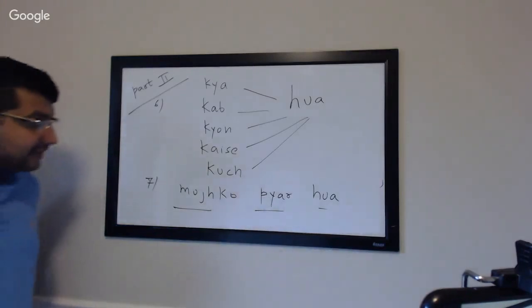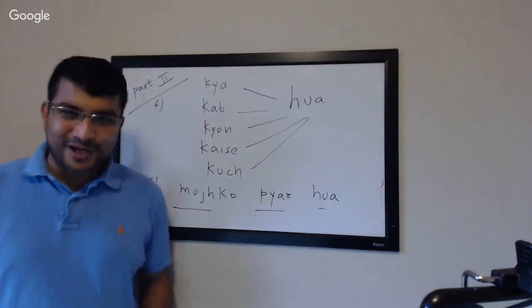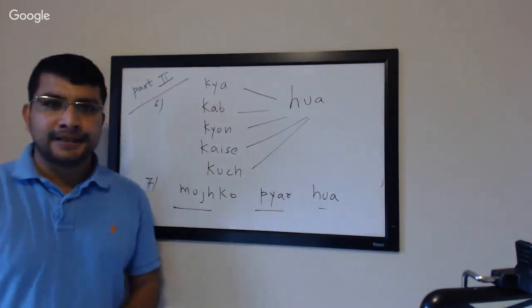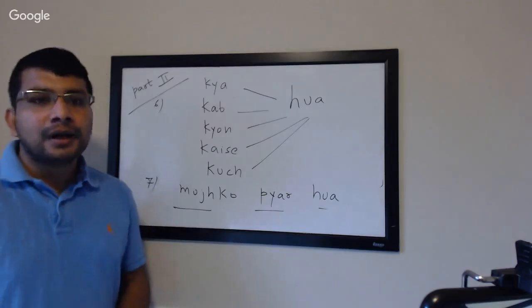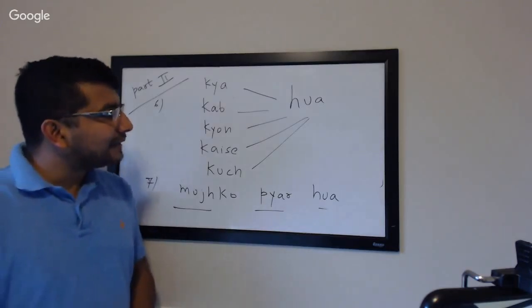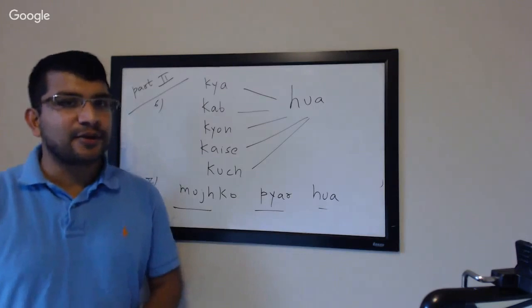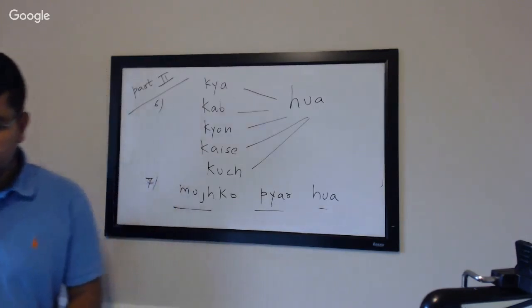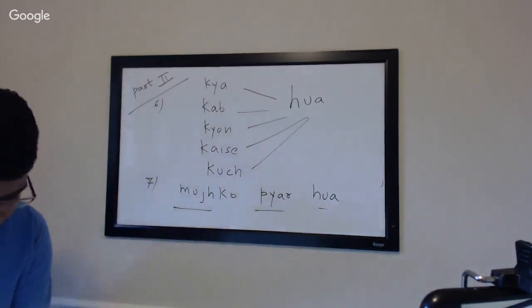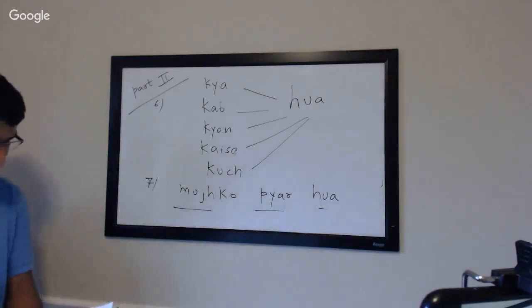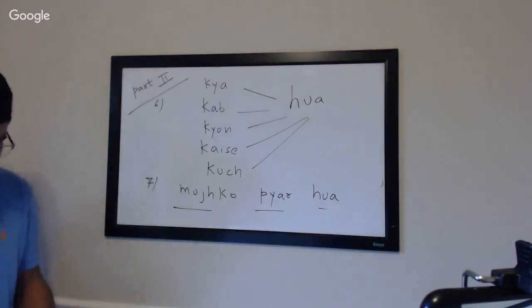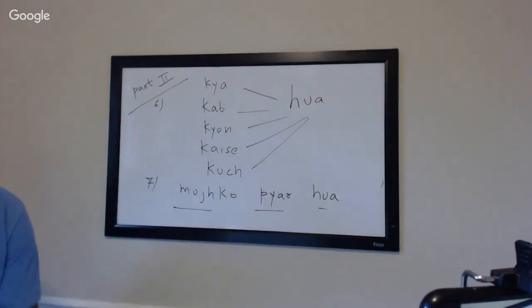I definitely encourage all of you to make sure you remember this list. There might be others as well, but I reflected a lot on it and came up with at least these seven popular phrases. If I remember more, we'll cover more in future classes. But remember these, and you will feel much more confident while using hua.